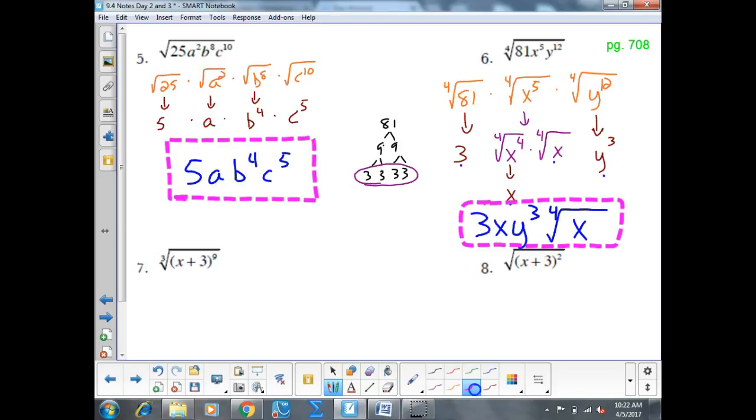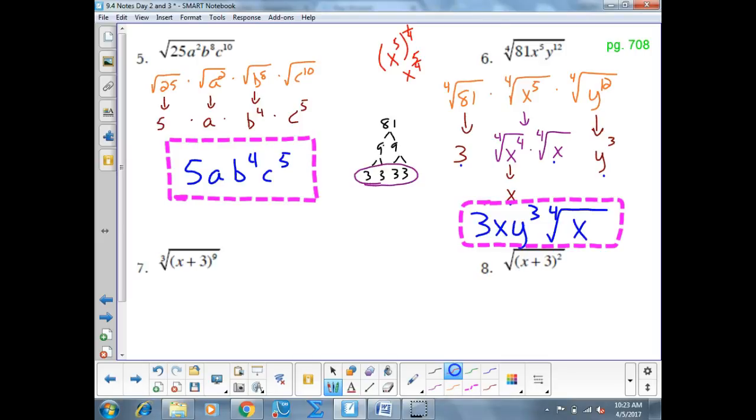Now, if that is still a little confusing for you, you could always do the rational exponent way, and you could say way back here that x to the 5th to the 1/4 power is x to the 5/4 power.